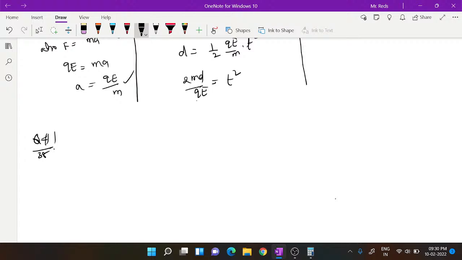We have to take one part as q1, another part should be q minus q1. We take those two and differentiate with q. Then apply the condition dF by dq equals 0. Then we will get the condition. Okay, try this way. We will just go through once again.